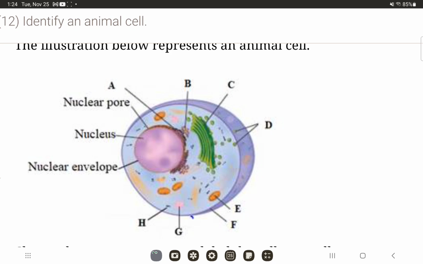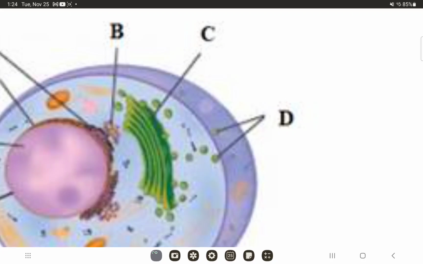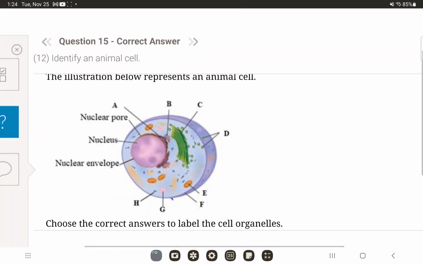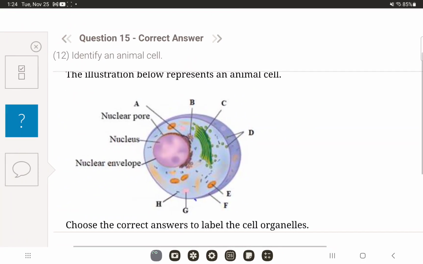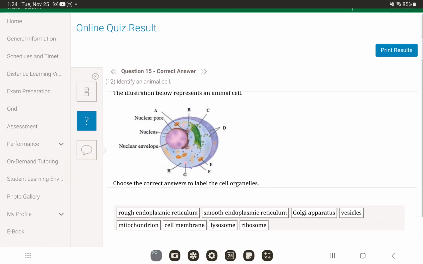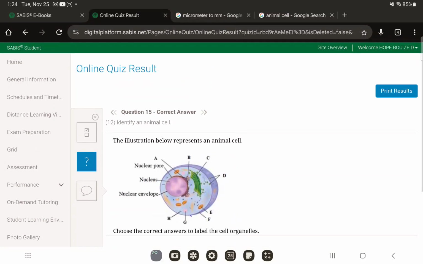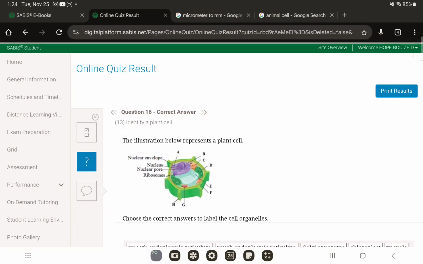And then the small circles within the cell, sometimes in the membrane actually, like here you can see that it's inside of the membrane. Those are the vesicles, and then the big circle is the nucleus. And this is, of course, in animal cells. Plant cells look slightly different. Well, not slightly different, but they look different.